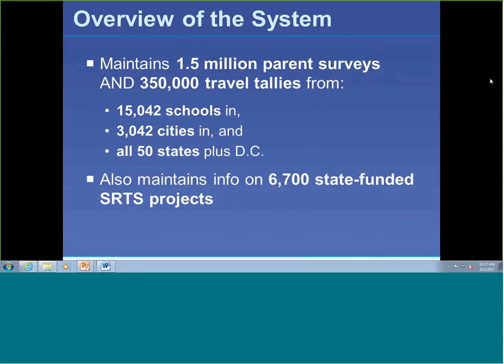In over 15,000 schools, in over 3,000 cities, and in all states and D.C. But what it also has for state coordinators, or those people working with state coordinators who have access to this, there are 6,700 state-funded Safe Routes to School projects in there. Basically, information about how much was spent on the project, what sort of project it is, infrastructure, non-infrastructure, some description about what it was, and the schools that it impacted. Next slide, please.